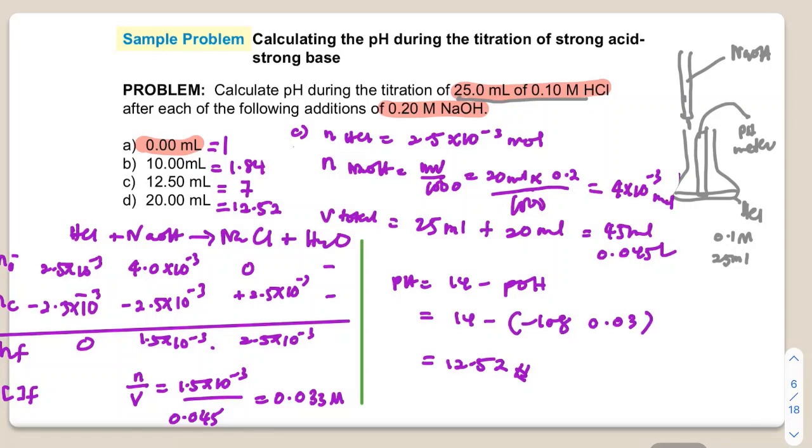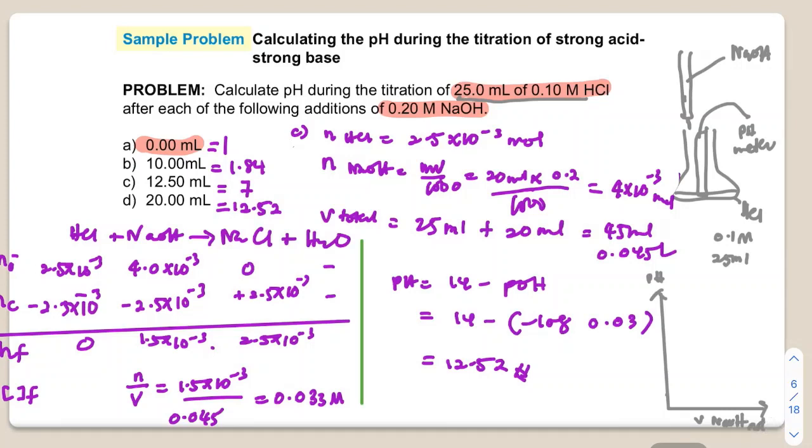This is how we calculate the pH of a solution during a titration between a strong acid and a strong base. So from the pH that we have calculated, we should be able to sketch a titration curve of the reaction, the pH versus the volume of the NaOH added.